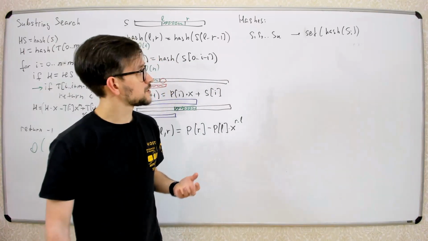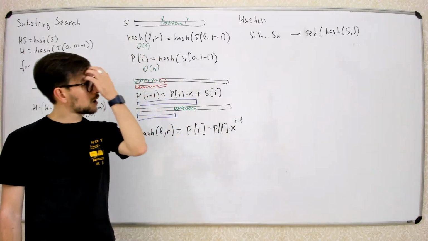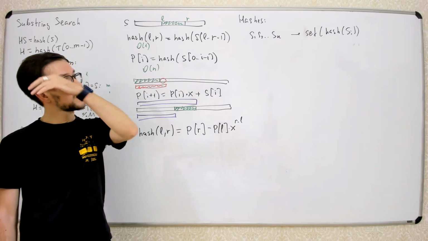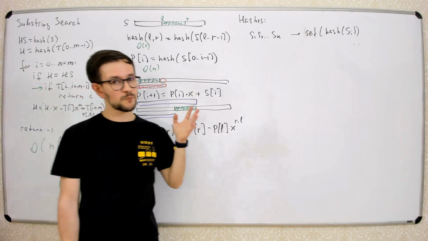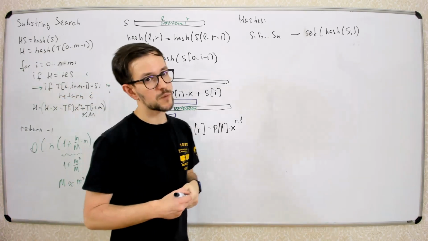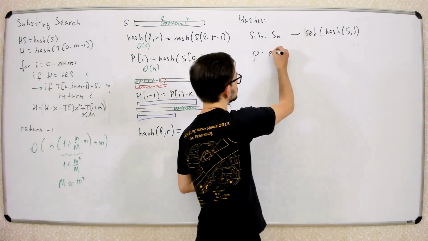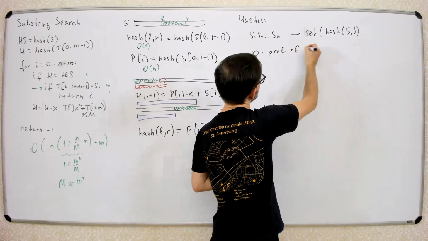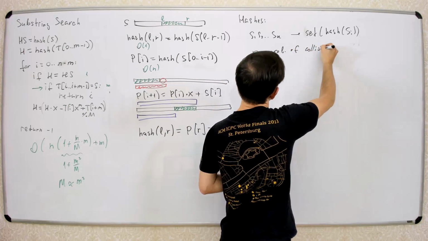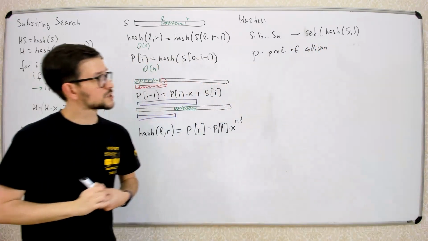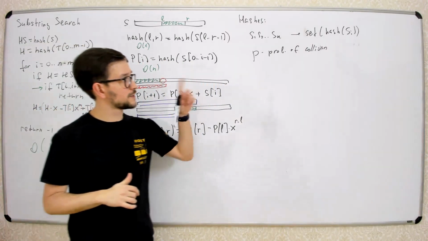What will be the probability that you have no problems here? Again, let's say the probability of a single collision is p. Then what's the probability that you have at least one collision in this set?